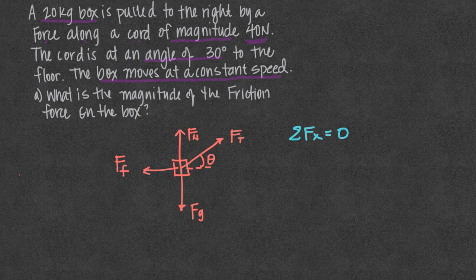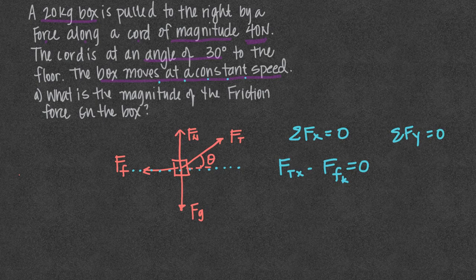Now if I look at the x direction, that's the horizontal direction along this dotted line here, I have a tension component that is in the x direction minus the force of friction. That would equal 0. Now the friction is a kinetic friction, because it is moving at a constant speed. If I sum the forces in the y direction, they're also balanced.